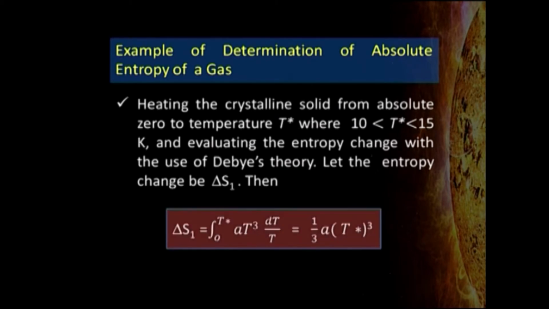Then delta S1 will be equal to the integration of A T cube divided by T dT within the limits 0 and T star. This will be equal to 1 by 3 A T star cube.